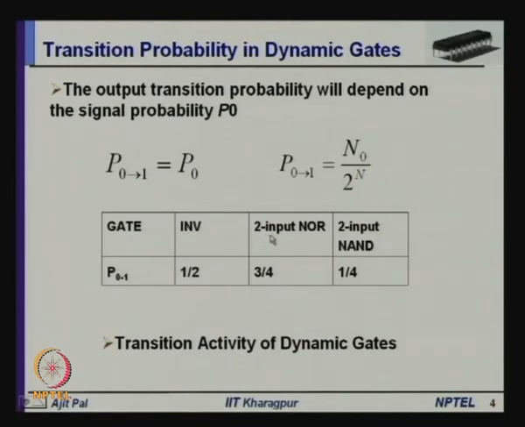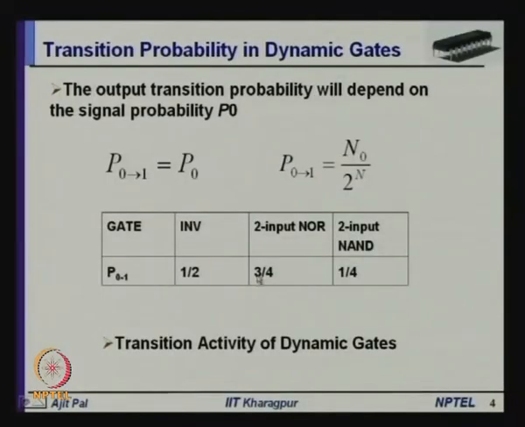Similarly, for a 2-input NOR gate it is equal to 3 by 4, because as you know, in the case of a NOR gate the probability of the output becoming 0 is 3 by 4. Whenever both inputs are 0, the output is 1, and whenever any one of the inputs is 1, the output is 0.